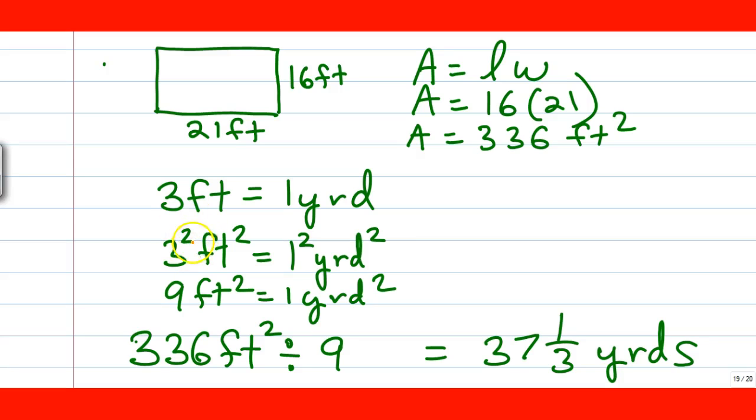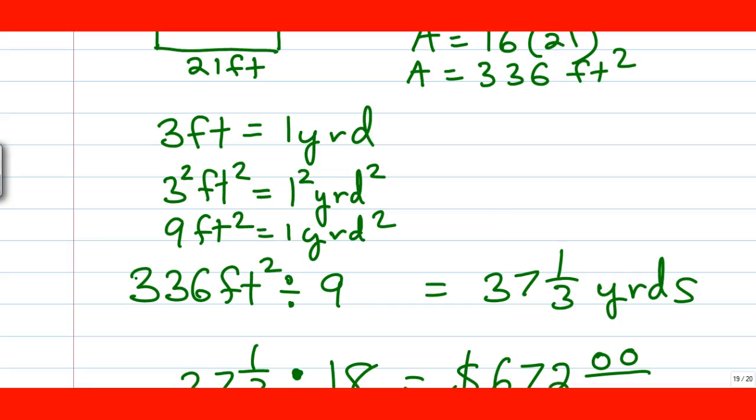So I take the 3 feet and I'm going to square it, but on the other side I'm also going to square the yards. So when I square them, I end up with 3 times 3 for 9 feet squared equals 1 times 1 for 1 yard squared. So 9 feet squared is equal to 1 yard squared.